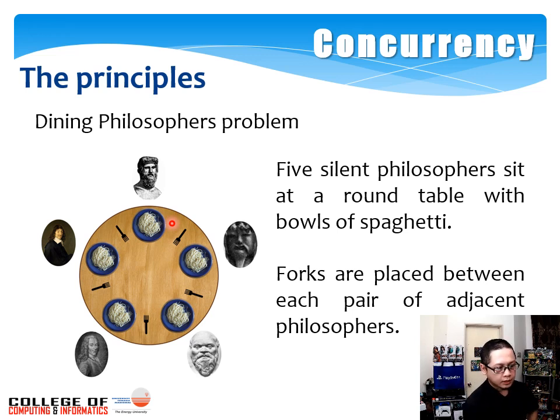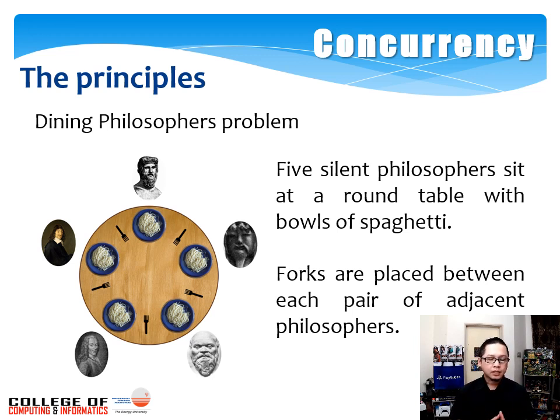So in this case, let's say this guy here is eating spaghetti, so he will use the fork, and of course this guy cannot use the fork, and then this guy can use these forks while this guy has to wait, for example. In this scenario, the fork represents the use of resources, and the spaghetti represents the instructions that need to be done or the code that needs to be executed by the program.